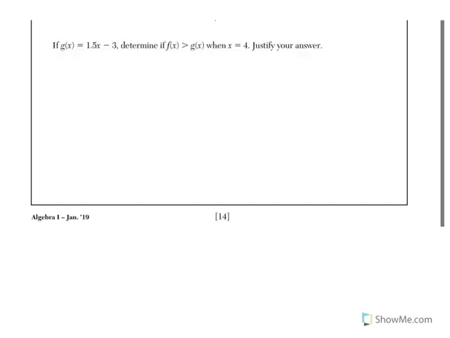Now for the same question, it says, if g of x equals 1.5x minus 3, determine if f of x is greater than g of x when x equals 4 and justify your answer. So, we are going to figure out what is g of 4 and what is f of 4.